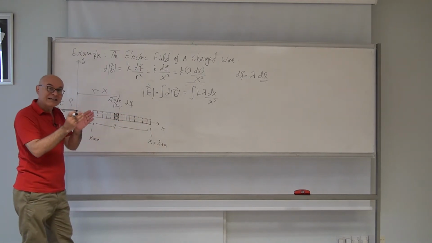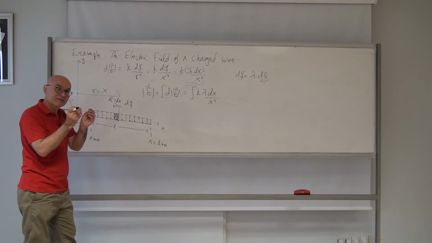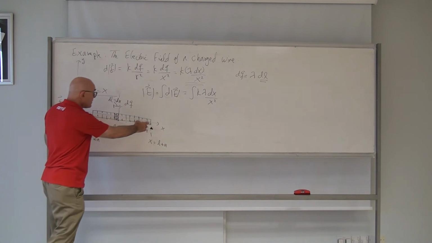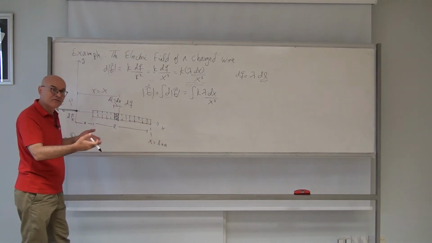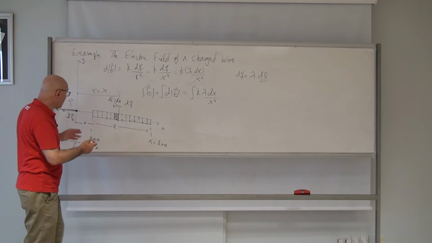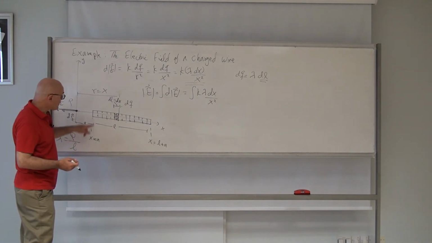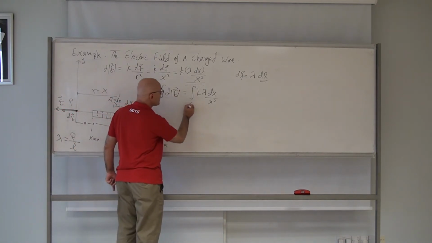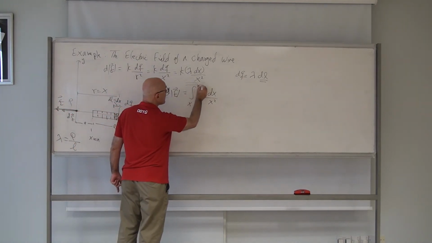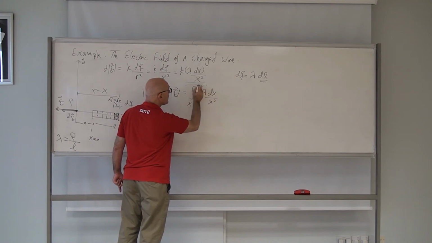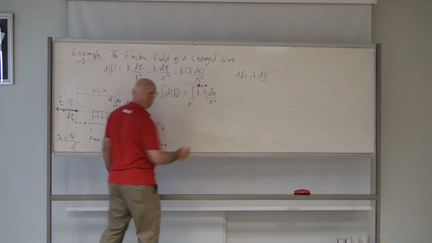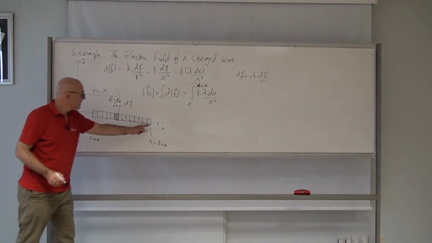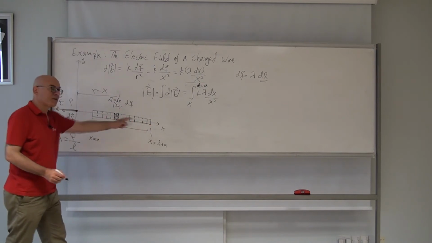So I should limit the variable to the part of the x-axis where I have charge. So what is this part? Well, it is x equals a to x equals L plus a. So I put the limits a to L plus a. The x coordinates of these two points.